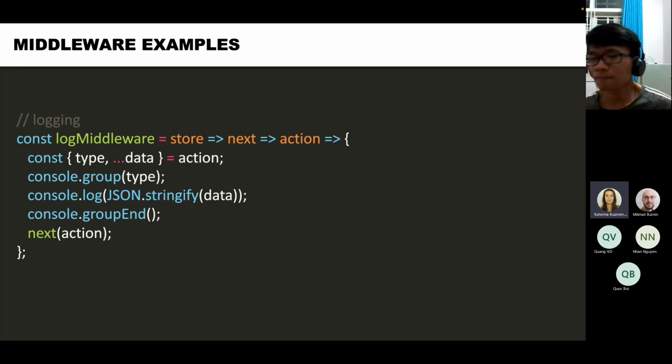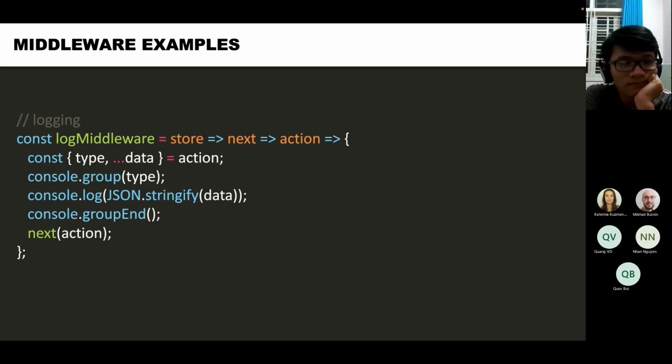So here in this log middleware, we have some actions. We have a type of action. We have some data for this action, and we might group by this type, right?